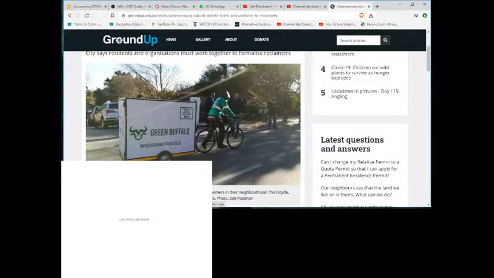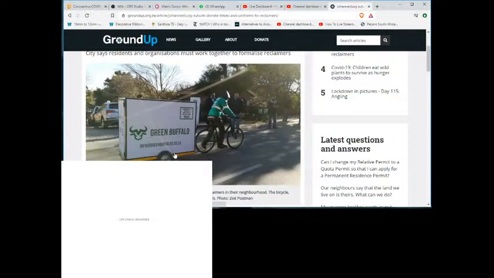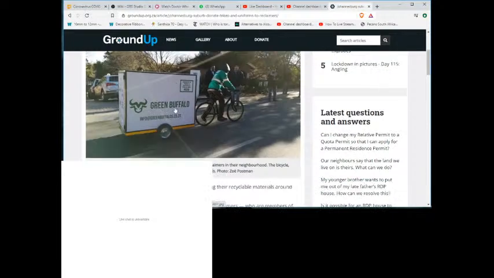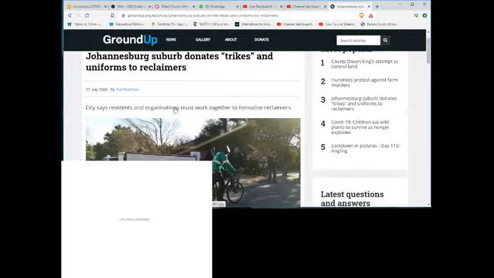This, however, is an establishing shot and a product shot, because trikes and uniforms to reclaimers. Okay, so this guy here is reclaiming waste. I think it's an amazing idea, actually, personally, but that's just my comment on the whole thing.